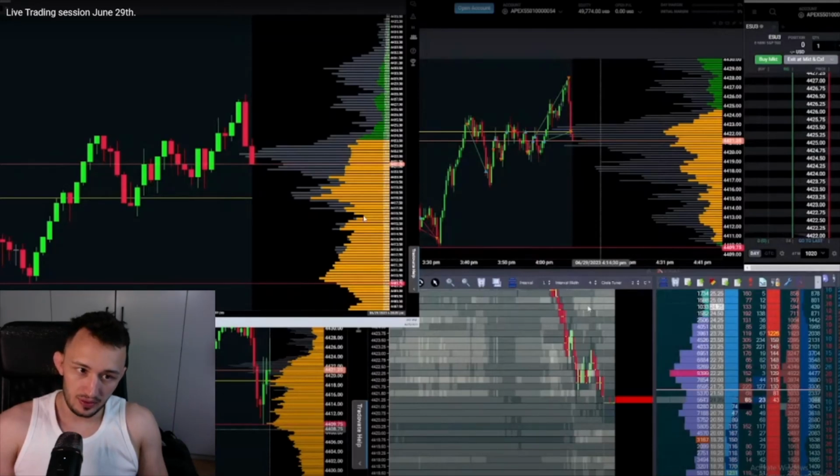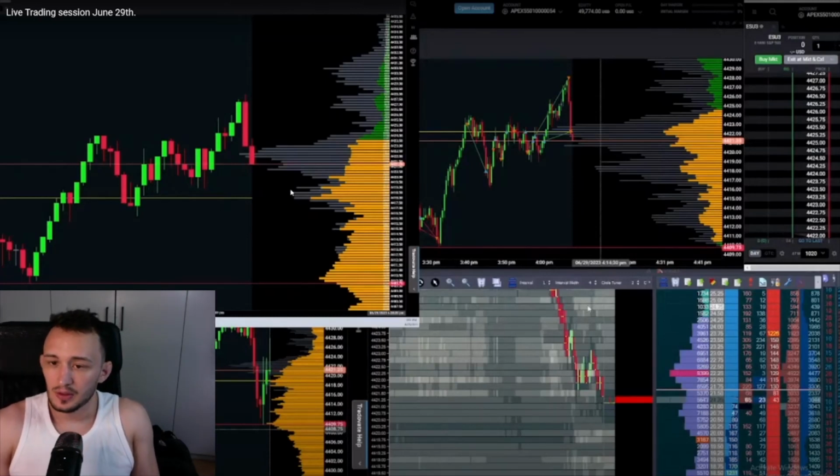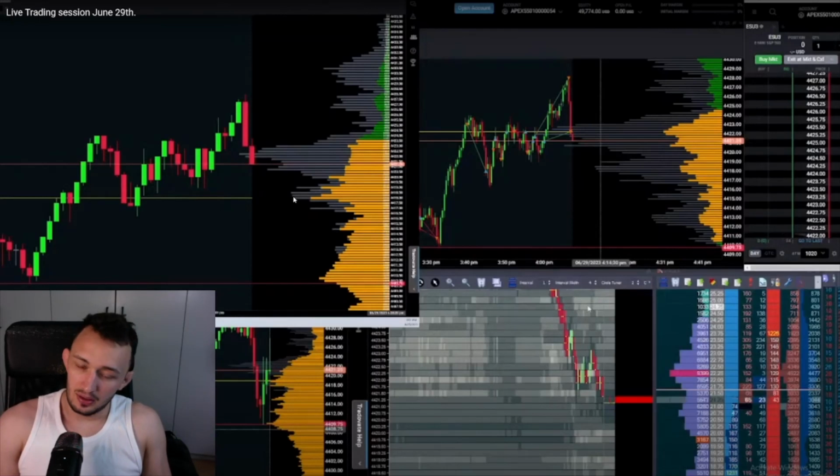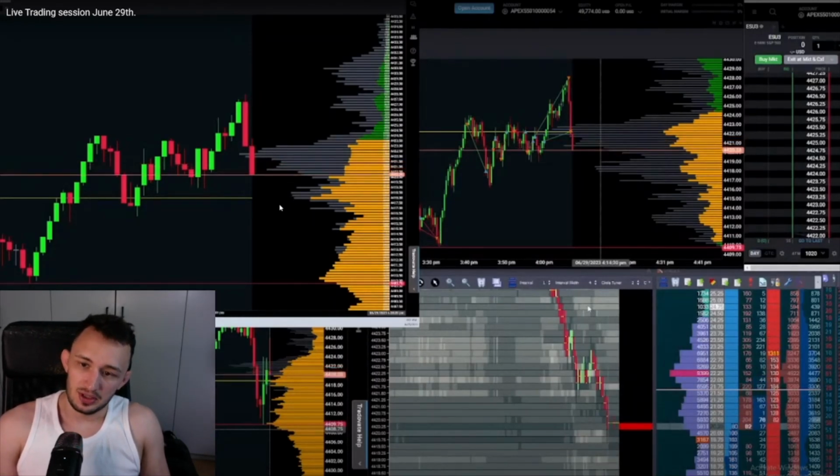On the weekly profile, obviously on the daily as well, if you look at this node, and even in the 17s here, not so clearly, and on the monthly it's not that clear, but still around this area, okay. So we want to pay really close attention when price does get there and how it interacts especially, okay.